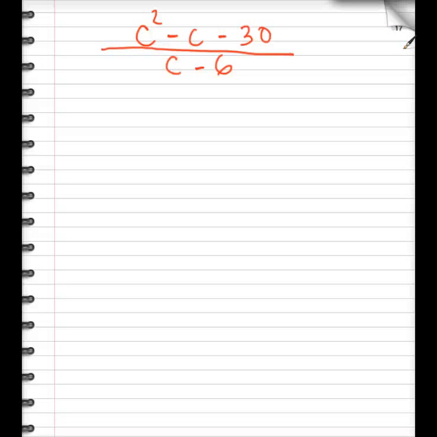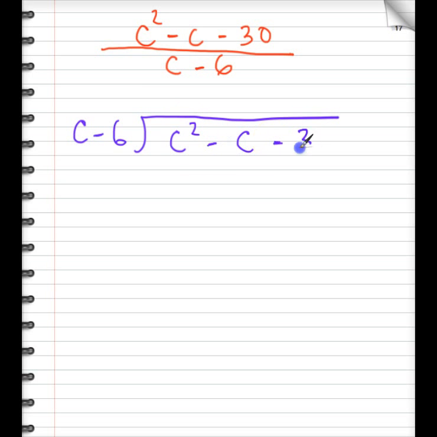Here we have a trinomial. We have c squared minus c minus 30 divided by c minus 6. So c minus 6 is the divisor, and the dividend is the numerator, c squared minus c minus 30. Again, it's all about starting with this lead-off variable right here, and you ask yourself, c times what gives me c squared?